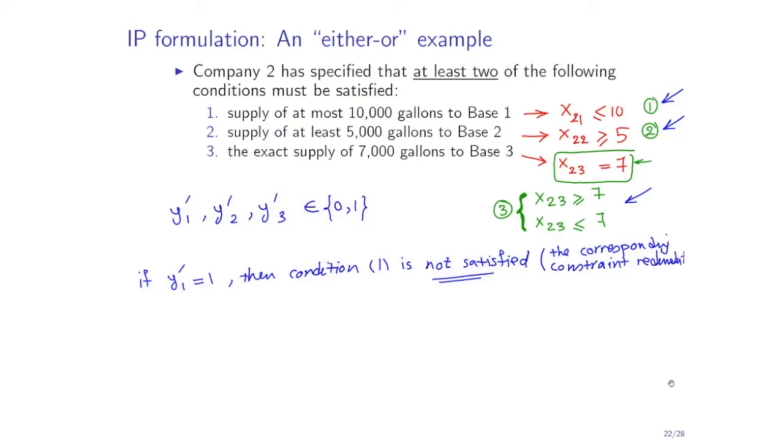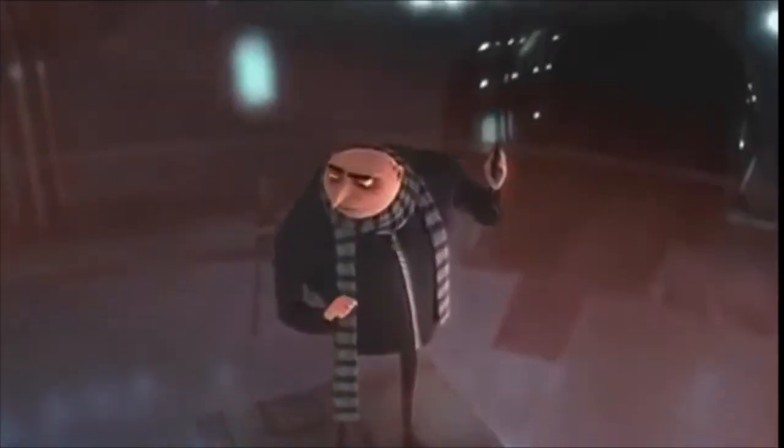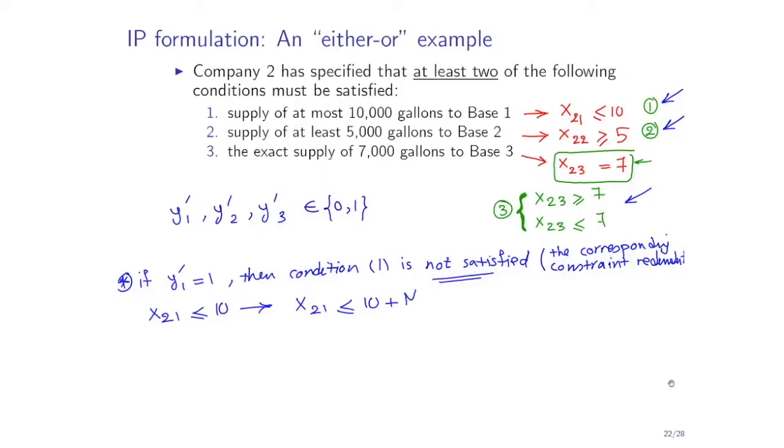We know how to do that, right? So I have x21 less than or equal to 10. I want to use y prime 1 such that if y prime 1 is 1, then this constraint becomes redundant. So x21 less than or equal to 10 plus a very big number times y prime 1.